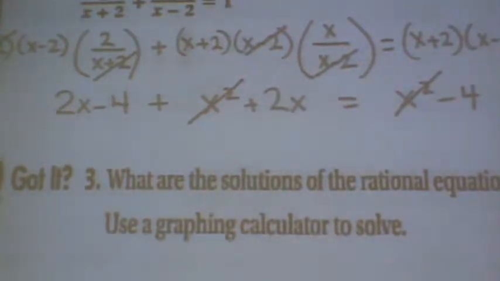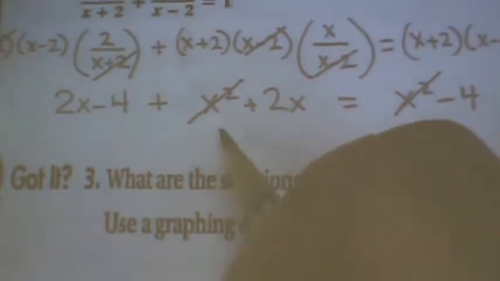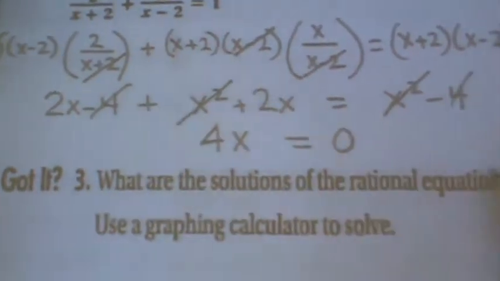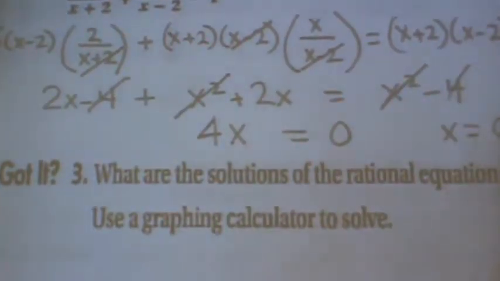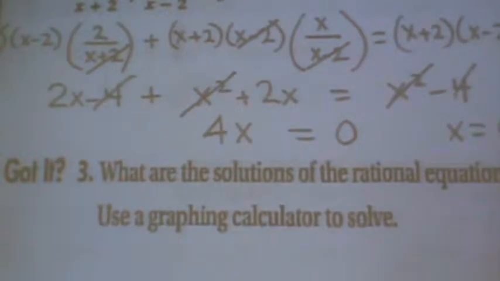The negative 4s don't cancel, they're the same thing. It has to be opposite. So it's 4x minus 4 equals 0 minus 4. These cancel. 4x equals 0. What's x? 0. 0 is the answer.